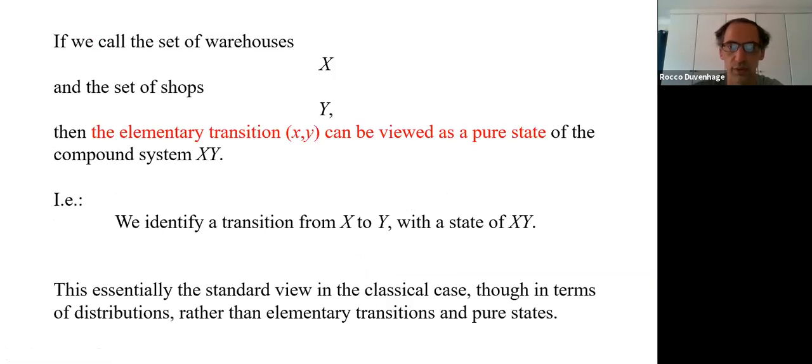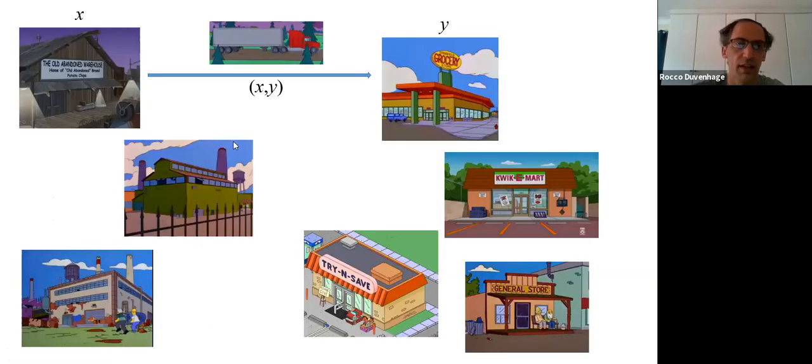of goods. So if you look at this picture here, ultimately I would like to take all the goods spread over all of these warehouses. I want to take it to these shops, and I want to take it to specified distributions.